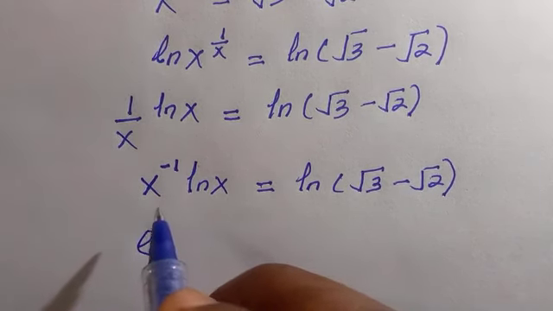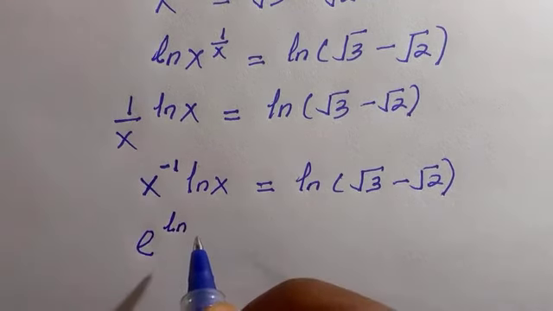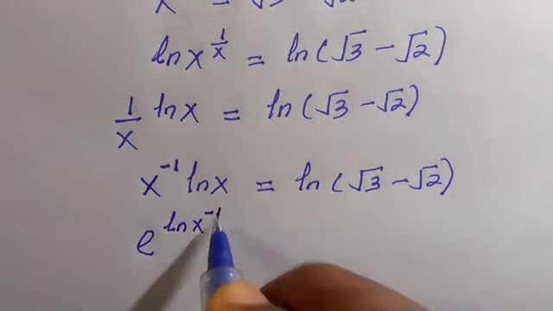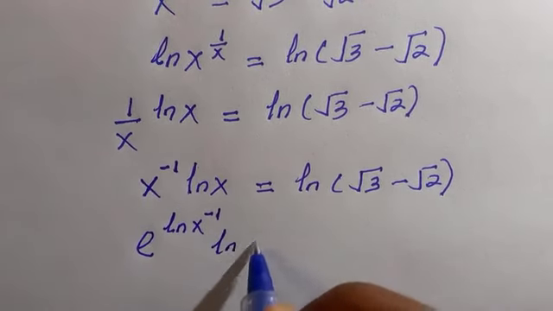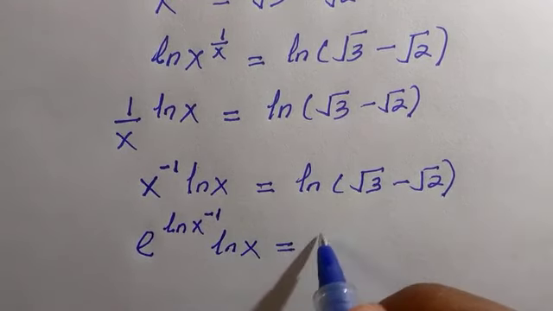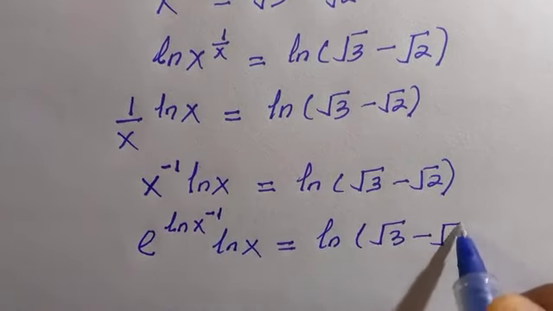So we have e raised to the power of ln x raised to the power minus 1, because this e and ln are inverses, they cancel each other, and we still have our x raised to the power minus 1. So this equals ln of root 3 minus root 2.